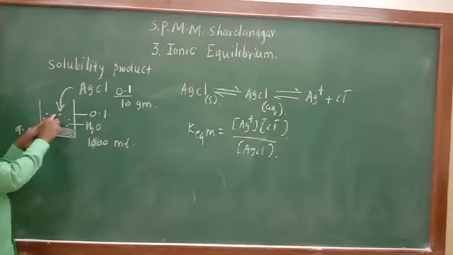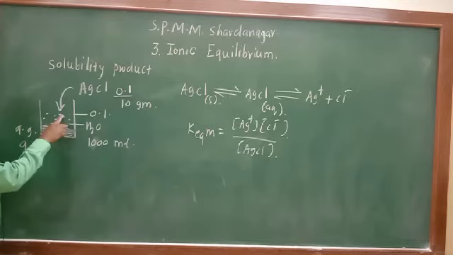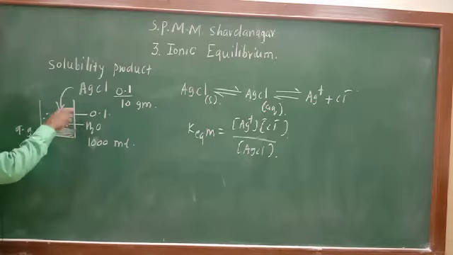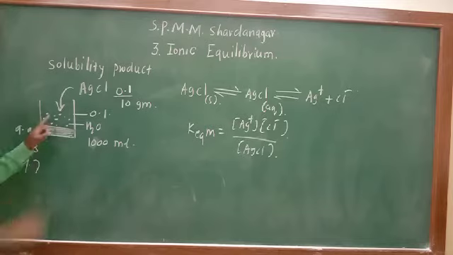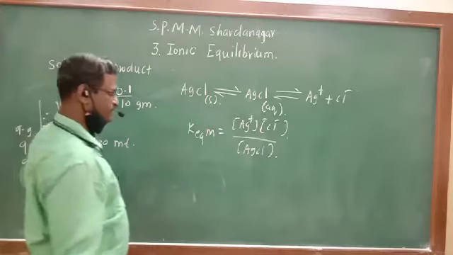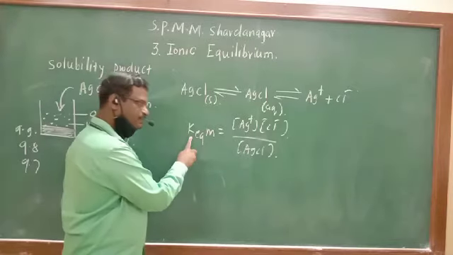Again 0.1 enters here, and the part left behind will now be 9.8. 0.1 remains constant. If again that 0.1 is removed, this becomes 9.7 and 0.1 enters into the liquid state. Therefore, the concentration of AgCl in the liquid state is always constant. So this is constant. Equilibrium constant is always constant.